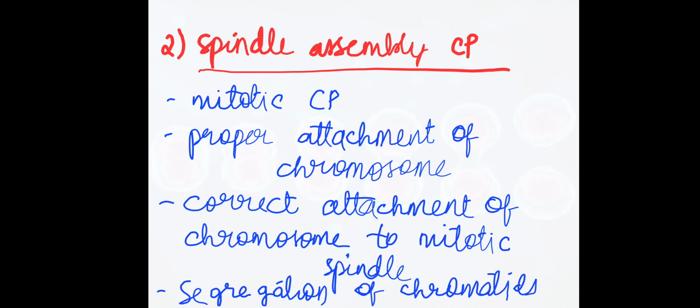So let's discuss each of these functions of the spindle assembly checkpoint. First, during mitosis, chromosome segregation is carefully monitored to prevent aneuploidy. So the spindle assembly checkpoint is majorly important to prevent this aneuploidy.